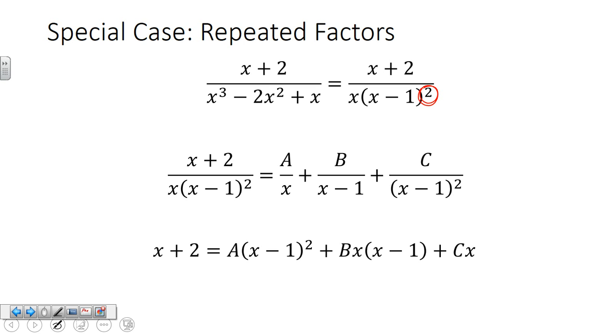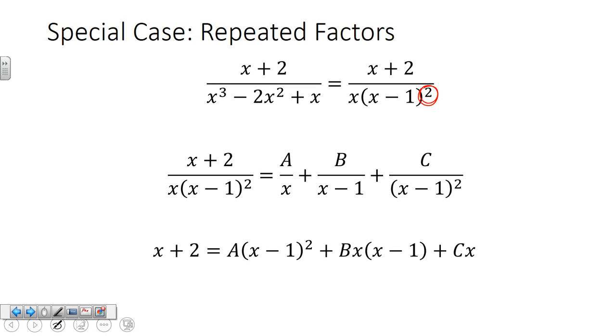And you could think of it this way. I have to keep on adding fractions until I build up to the power that I have. So the x minus 1 is squared. I have to have a fraction that accounts for x minus 1, and then I have to have a fraction that accounts for x minus 1 squared. If, shudder, gasp, if the x minus 1 was cubed, I would actually have an x minus 1 fraction, I would have an x minus 1 squared fraction, and I would have yet another fraction for the x minus 1 cubed.